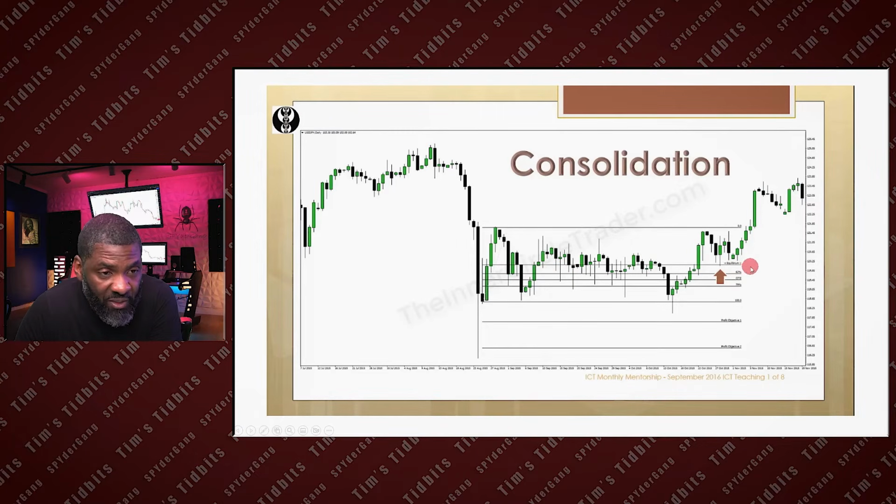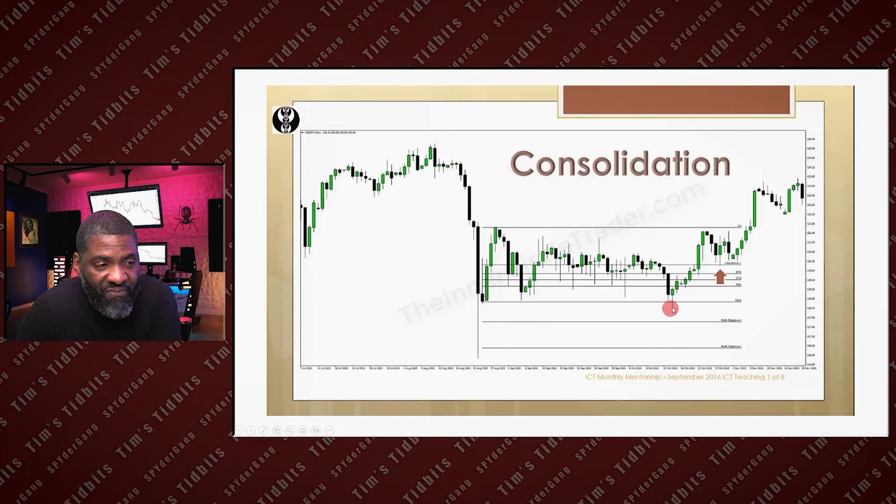So if you look here, this is your equilibrium right here. And then what do you look for in price, right? As we came up, we made this high and we swung back down, made that low, high, low, high, low.